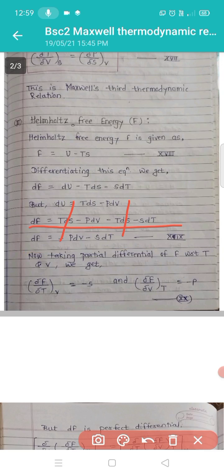Now take the partial differential of F with respect to temperature and volume. We get (∂F/∂T) at V is equal to minus S and (∂F/∂V) at T is equal to minus P. Remember it. Then here dF is the perfect differential.